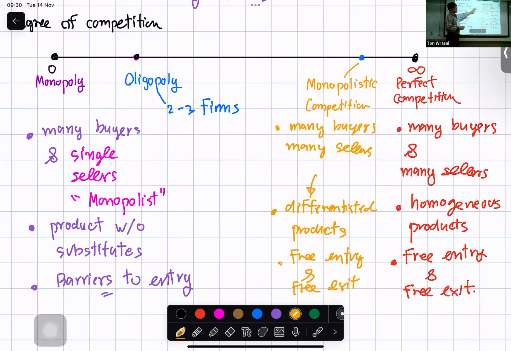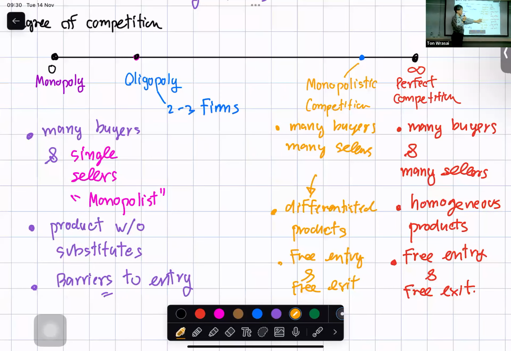Similar to perfect competition, only exception about the type of the goods. Perfect competition, homogeneous good or product without differentiation.